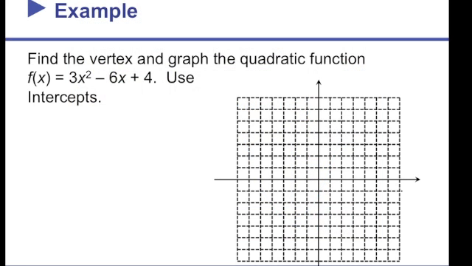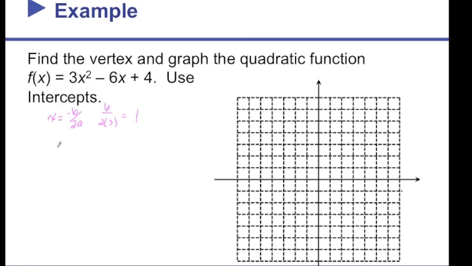Now we need to find the vertex and graph this quadratic function. We have 3x squared minus 6x plus 4, and we're going to use intercepts. Well, we know the x value of the vertex is negative b over 2a. So b is negative 6, so negative of negative 6 is 6 over 2a, so 2 times 3, that'll be 6, x equals 1.